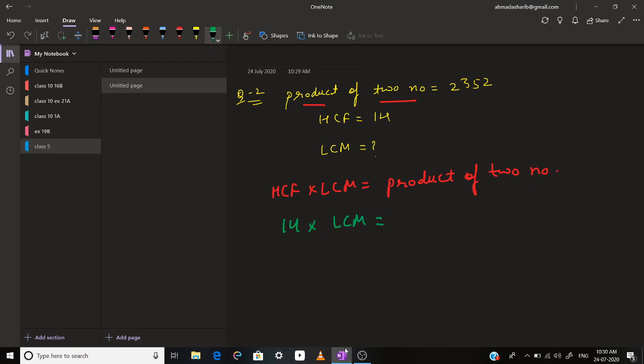So write LCM as it is. Now product of two numbers is 2352. So what you have to do, you have to shift this 14 in the division here. So I will write LCM is equal to 2352 divided by 14.